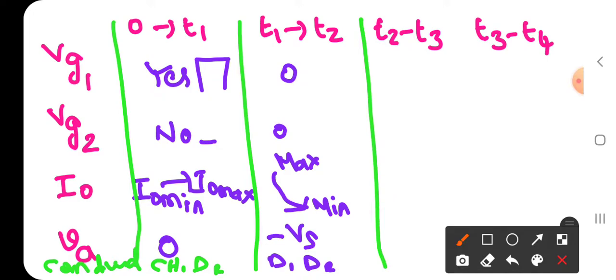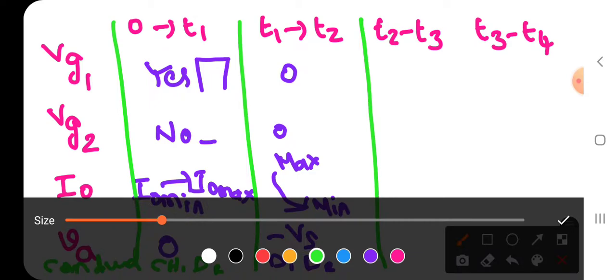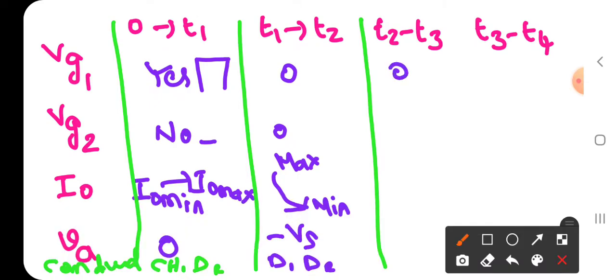Next, T2 to T3. We are going to turn on VG2, CH2. That is, VG1 is 0, and VG2 is there.